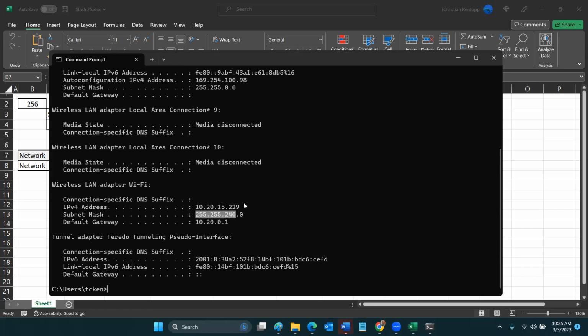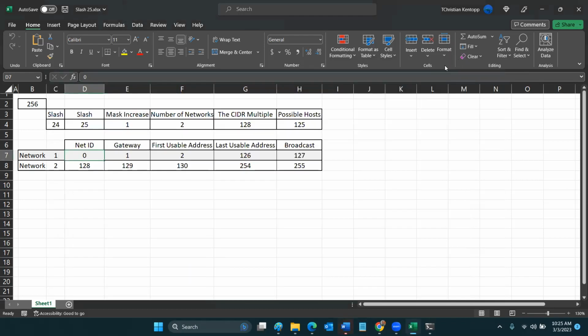In your home, you're going to see 192.168.0, okay? So if we have 192.168.0.0, that's the first network ID. Or let's say you have 192.168.1. The first network ID would be 192.168.1.0.